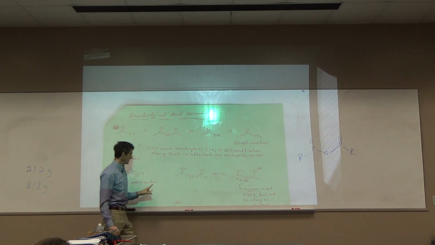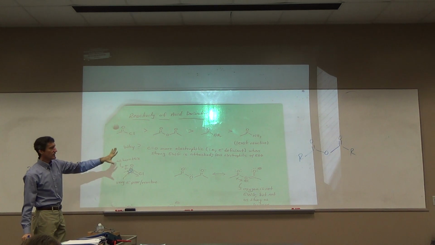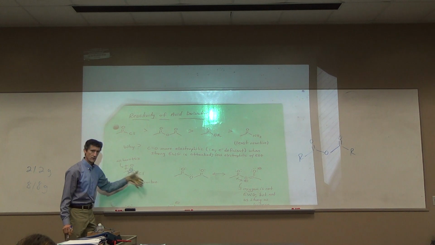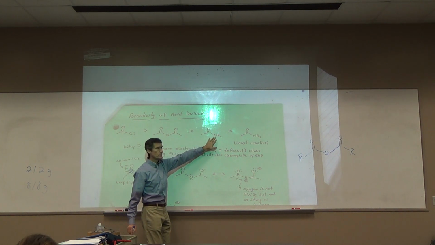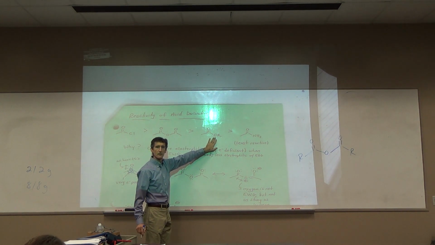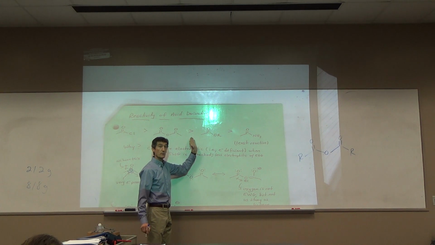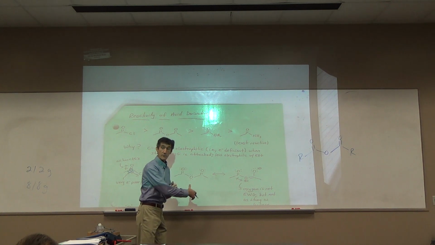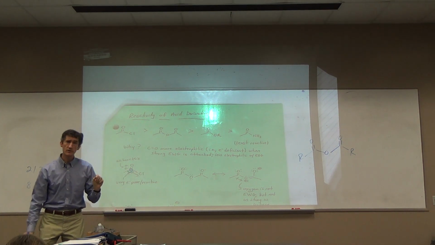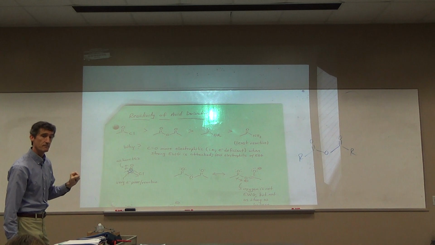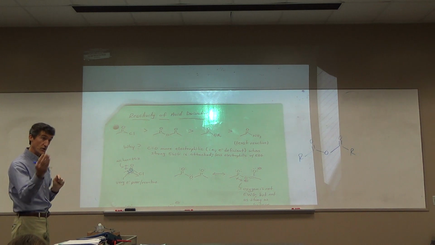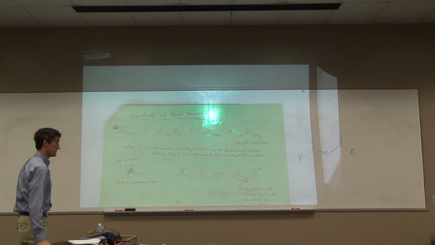This one has oxygen instead of chlorine. The chlorine is a net withdrawing group. What is the oxygen here? Does it withdraw or donate? It donates. It withdraws inductively, but it donates by resonance. And when oxygen can do both, which one does it do more? Just like in substituent effects, it donates more.